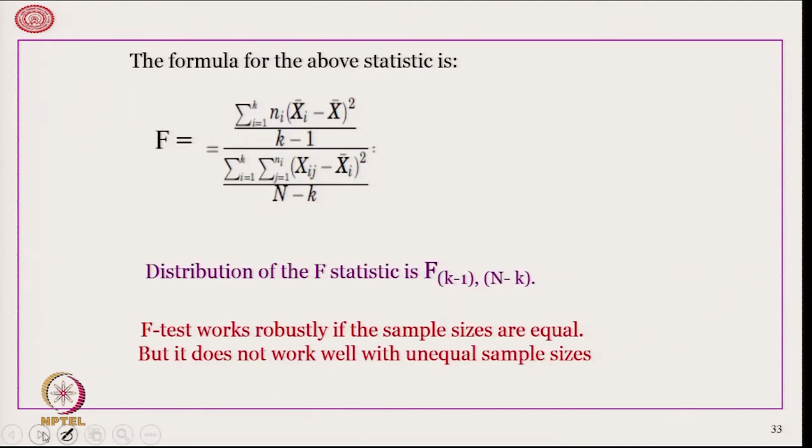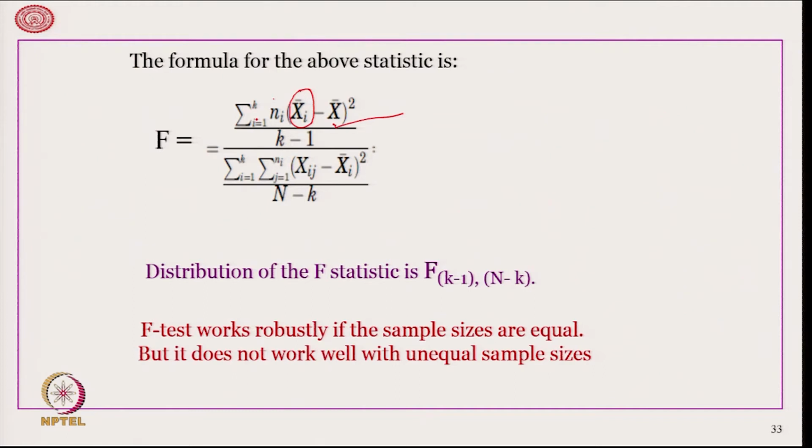It means the following: for the ith population we are looking at the mean of the ith sample, which is x i bar, and we are looking at how much different it is from the overall sample mean considering all the samples. So, x i bar minus x bar whole square, and that we are multiplying with n i, because there are n i many observations from the ith population, and we are summing it over i is equal to 1 to k, and we are dividing by k minus 1, because all k of them are not independent, because the total sample size is constant.